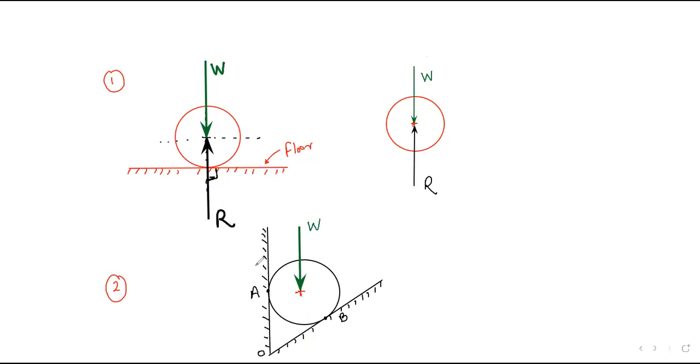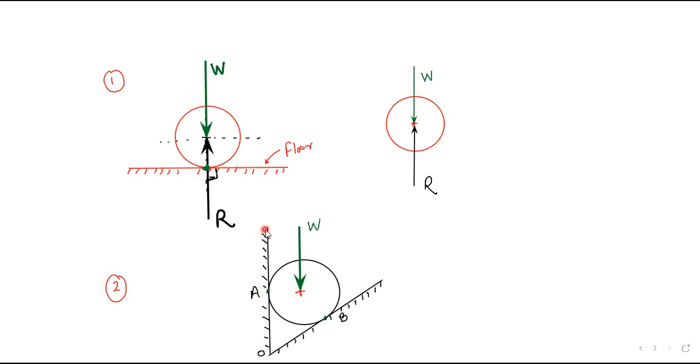Now here you can see there are two contact points. In the first case, there was only one reaction because only one contact point was there. Now there are two contact points, point A and point B, so you will get two reactions, one from each floor. The first reaction we get is from point A. Now you can see the surface A, or the floor A, is vertical.